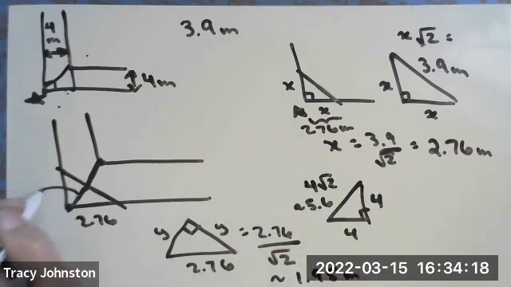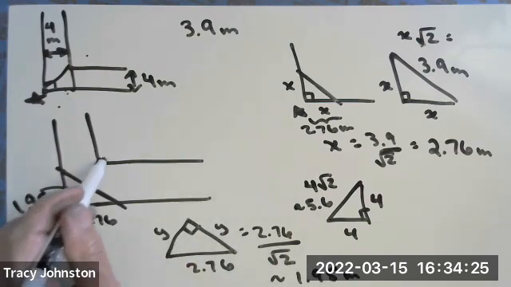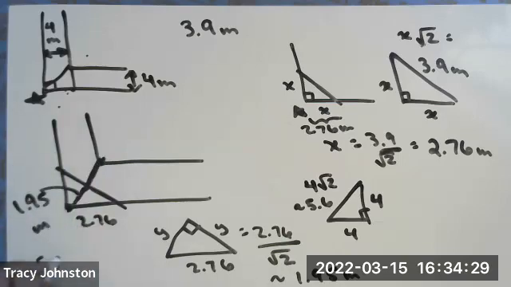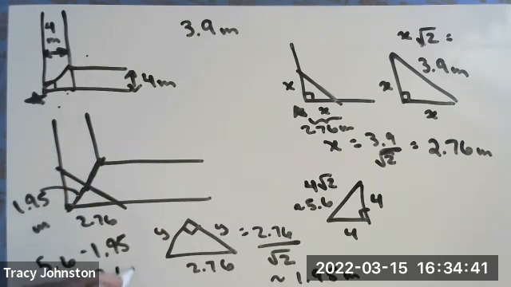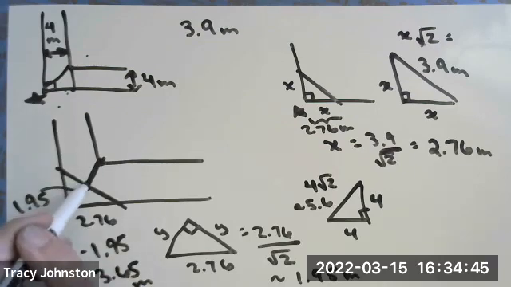So now we know this distance is 1.95 meters, and we know that this whole distance is about 5.6 meters. So we subtract the 1.95 from it, and we get the remaining distance across. When we do that, we get 3.65 meters. So we know that this distance is 3.65 meters.